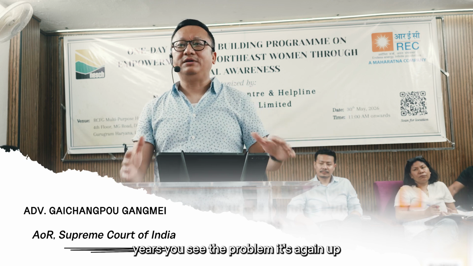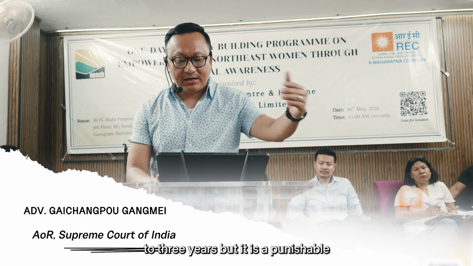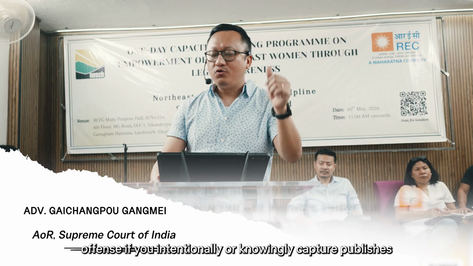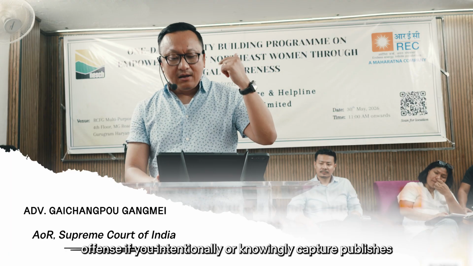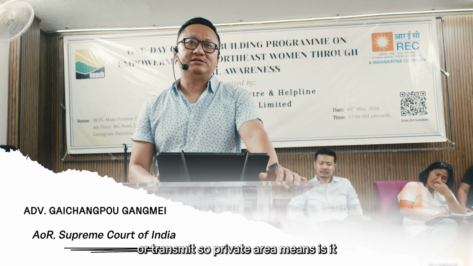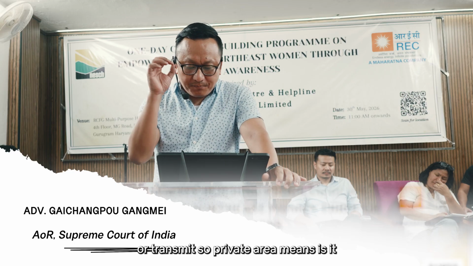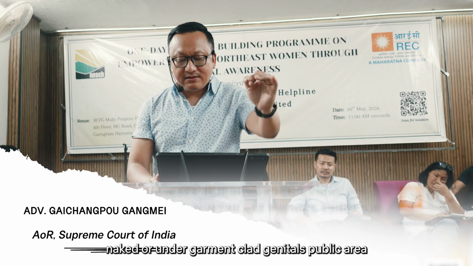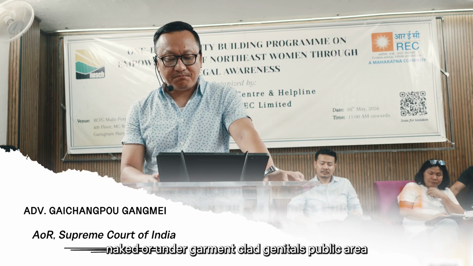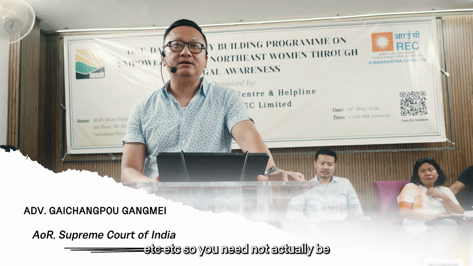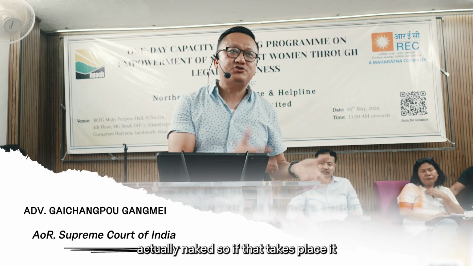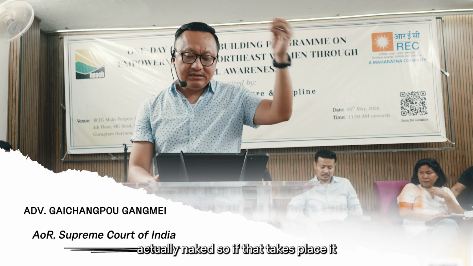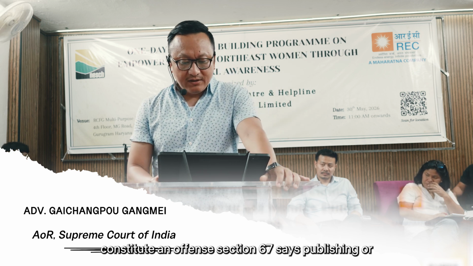You see the problem, it's again up to 3 years, but it is a punishable offense if you intentionally or knowingly capture, publish or transmit. So a private area means naked or undergarment-clad genitals, pubic area, etc. So you need not actually be naked. If that takes place, it constitutes an offense.